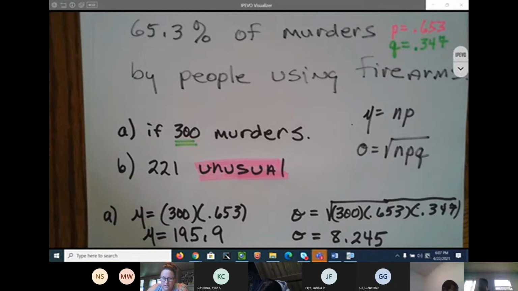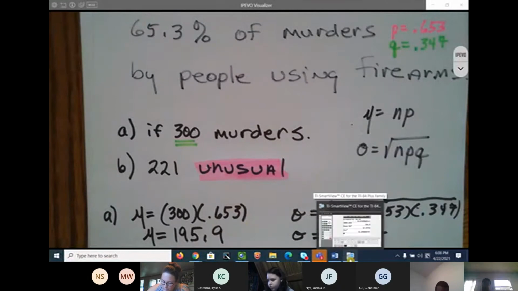So question, if you took, so we did the 300 times that, which gave us 195.9, and then you multiply that by the 0.347, right? Yeah. Okay, which gave us some number. Let me go back to the calculator. I'm doing it right now.